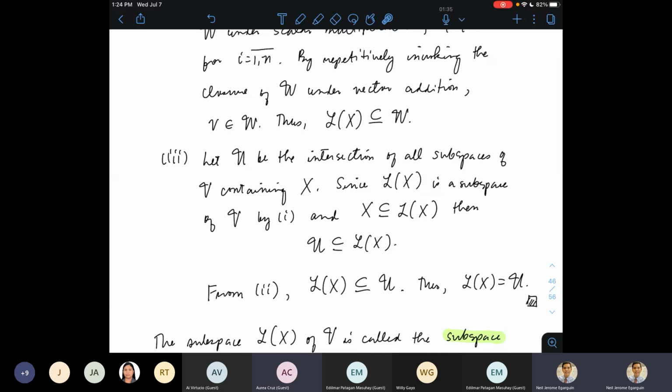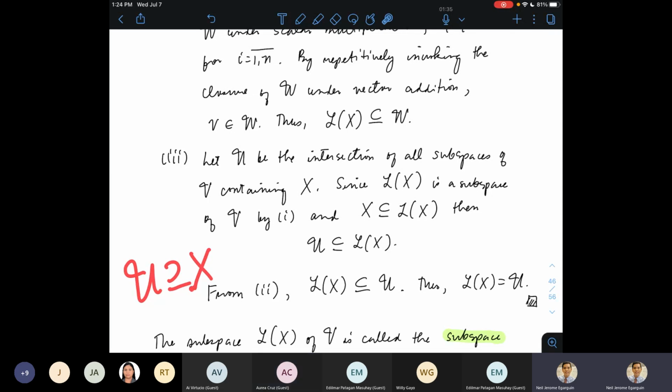Well, we know that U is the intersection of all subspaces that contain X. So, for example, U is the intersection of all W provided that W contains X. If X is inside every W, then X must also be inside U. Do you agree? Is that clear?